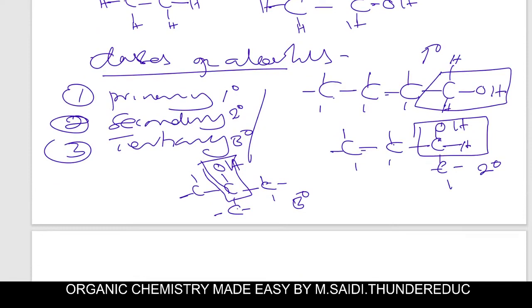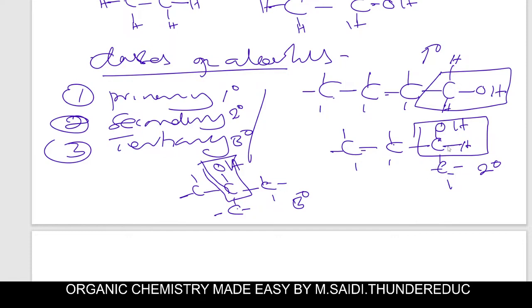They can ask you, identify the homologous series. You identify the functional group. You identify, is that a primary alkyl or a secondary alkyl? Then you have to show us that it is a primary alkyl because the carbon atom with the functional group is attached to one alkyl group. It is a secondary alkyl because the carbon atom with the functional group is attached to two carbon atoms.